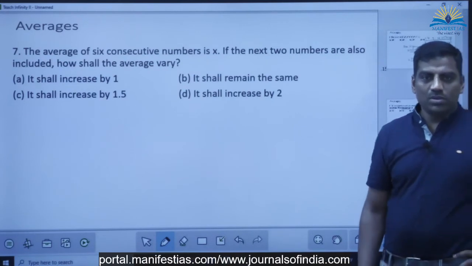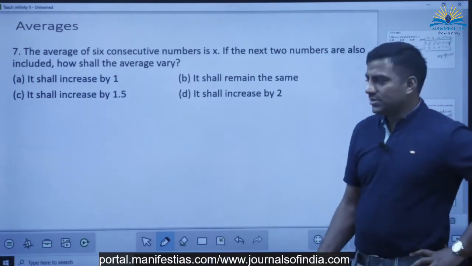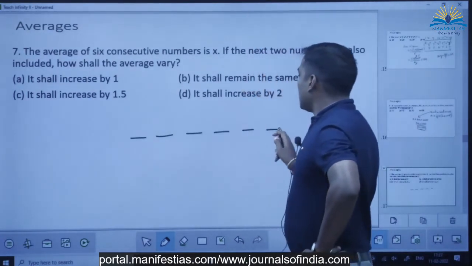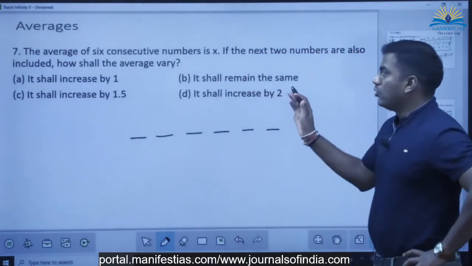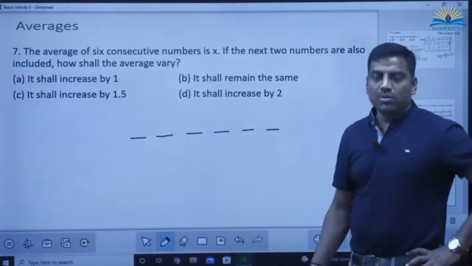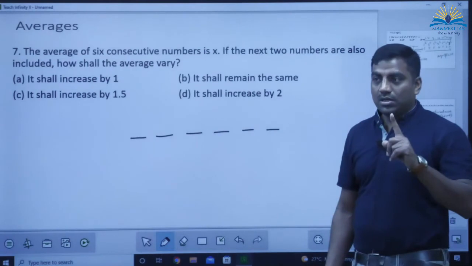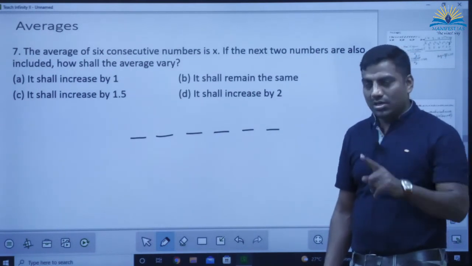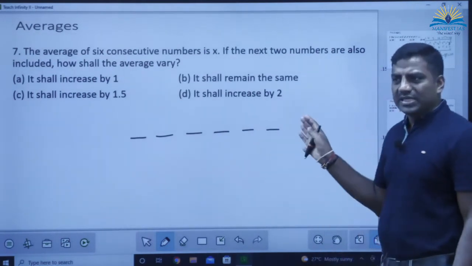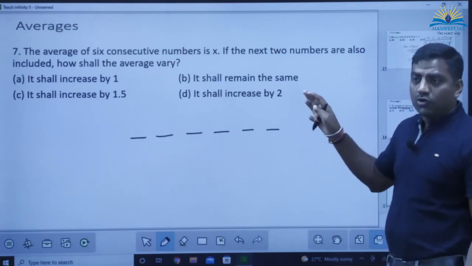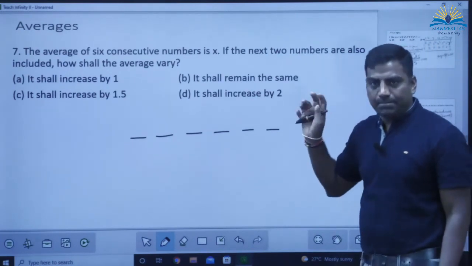You don't have to assume all those things. Just try to imagine 6 consecutive numbers. Consecutive numbers means the common difference between them is 1. 1, 2, 3, 4, 5, 6, or 11, 12, 13, 14, 15, 16, or 23, 24, 25, 26, 27, 28, like that.